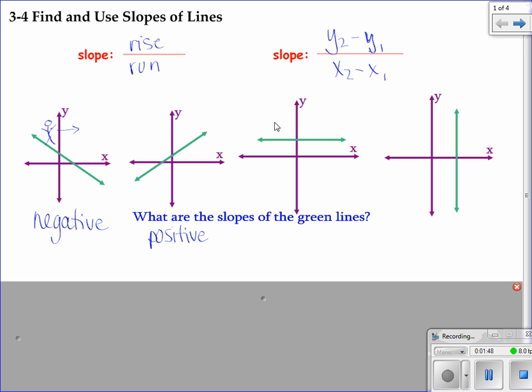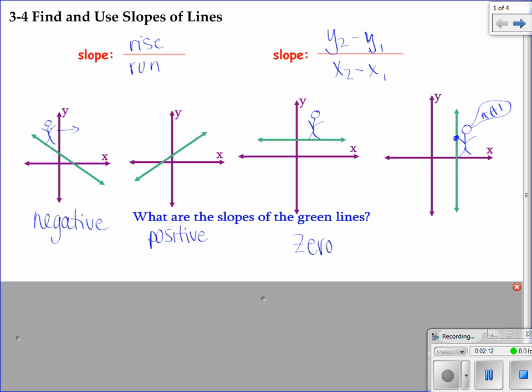Then the next two, some kids switch these two around, but a good way to remember it is that he can walk on this line. Okay, so this is a slope of 0, but he can't walk on this line, and in fact he's hanging on for dear life.